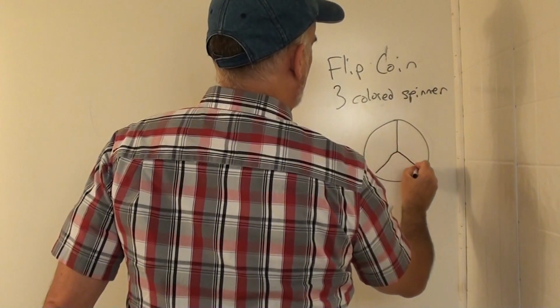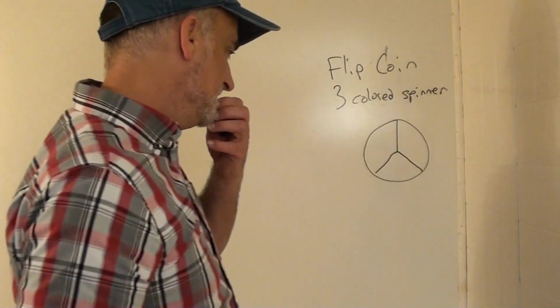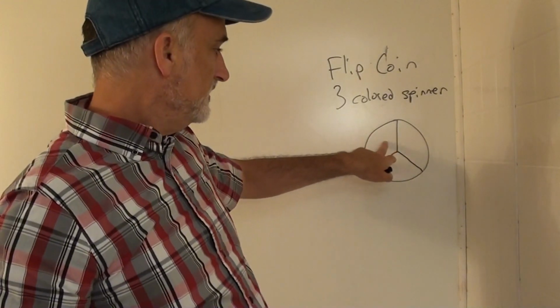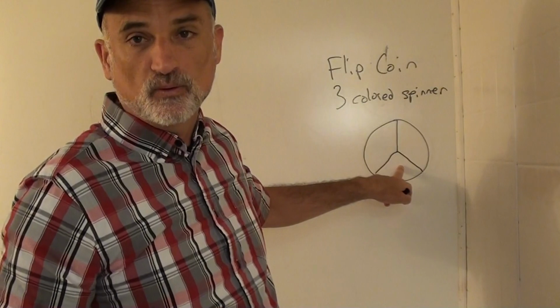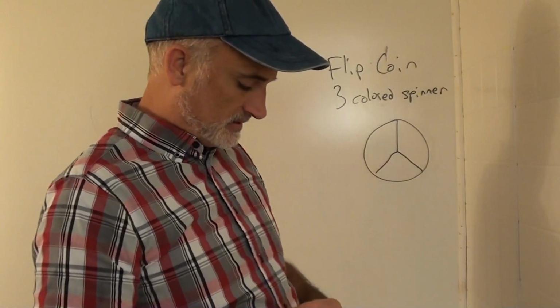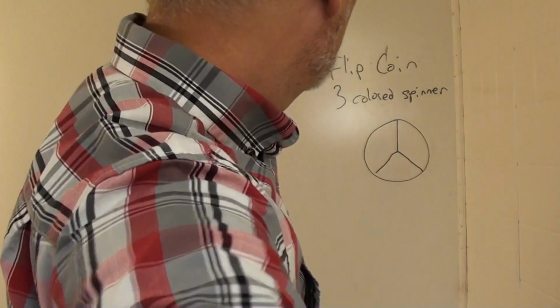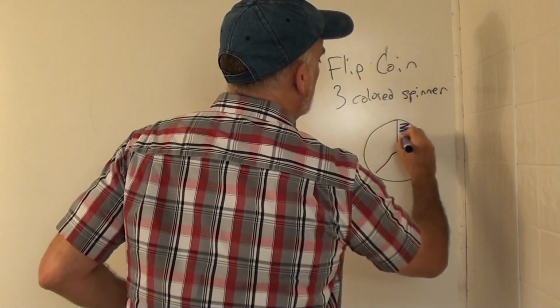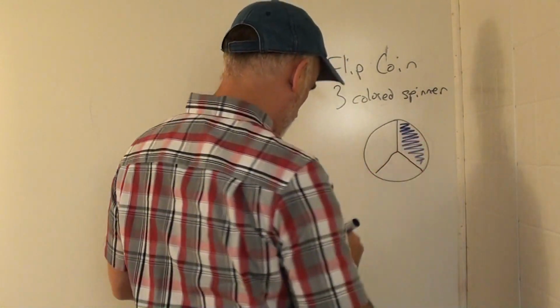Now I'm going to try to proportion this out. For us to have a true probability, each of these sides have to be equal. Okay, and let's say it's 3 colors, and so you can spin a purple one.